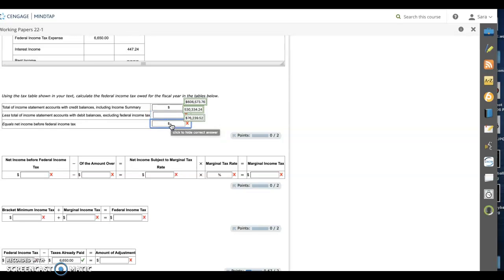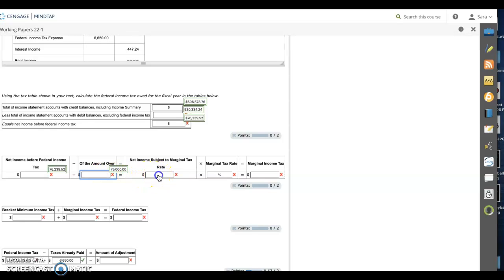So we subtract those and get $76,239.52. So that is the number that's going in this box, $76,239.52, minus the amount over. So they're just looking at on that chart, what's the even number? So 75,000.